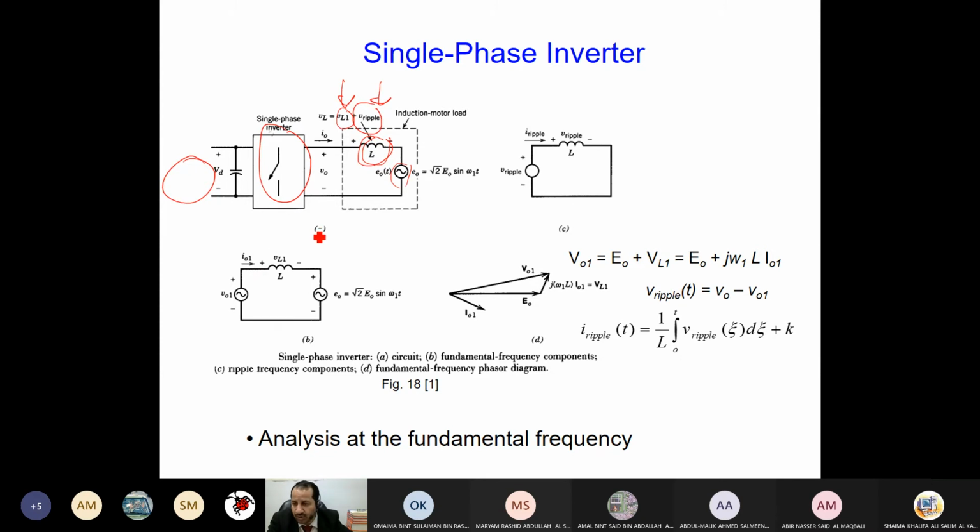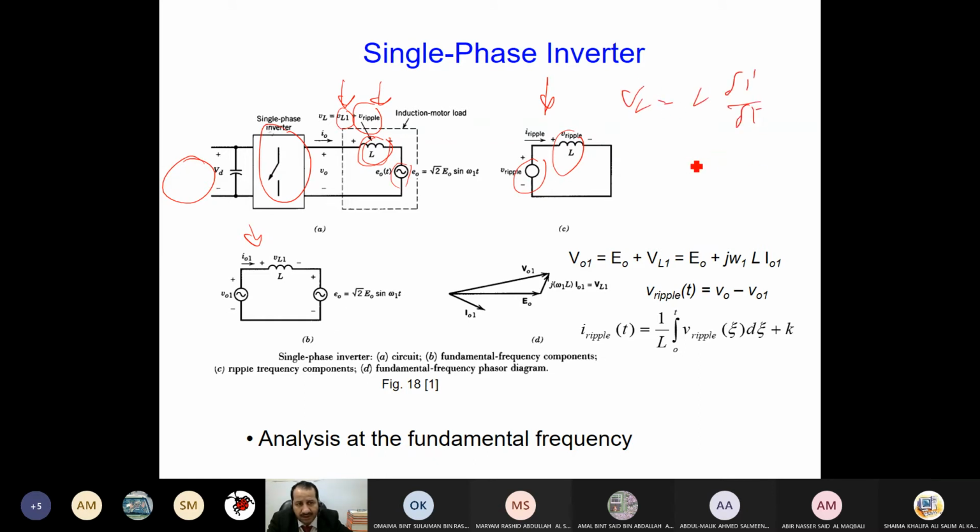If I use the superposition theorem and split them, I split here for ripple and here for forced. For ripple, V ripple will only feed the inductance. Remember VL equals L di over dt.